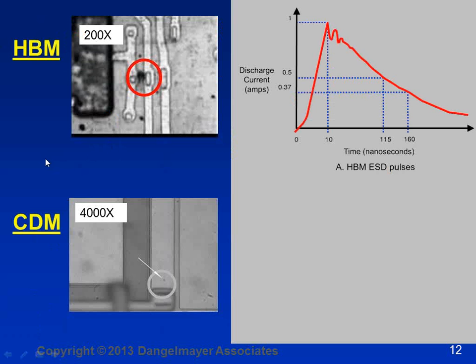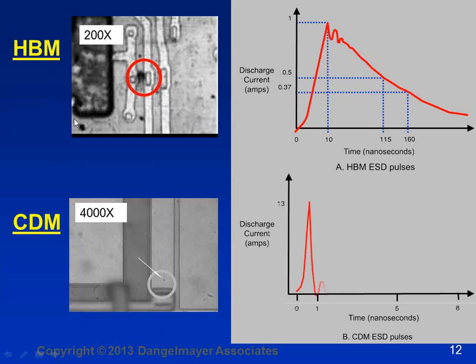Here is a chart that illustrates the two models, HBM and CDM. I'll put them both on the screen. And here we have two images of components that have failed. Here at 200x, the HBM damage is that black spot there, a relatively large area of damage.